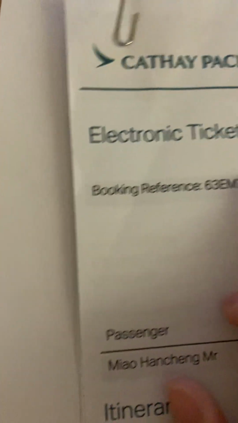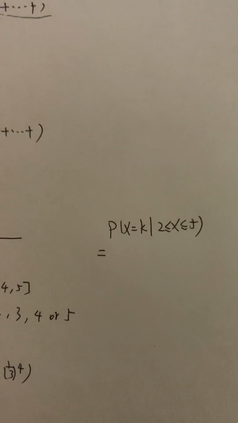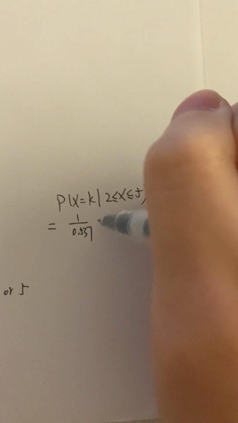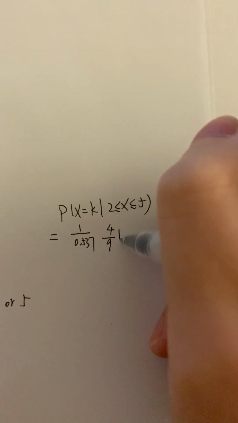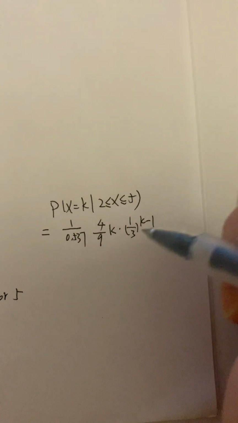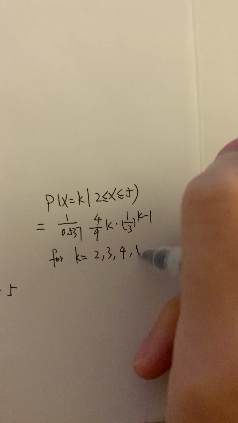And now we can show that the probability that x equals k given 2 is smaller than or equal to x and smaller than or equal to 5 is equal to 1 over 0.537 times 4 over 9 times k times (1 over 3) to the power k minus 1, for k equals 2, 3, 4, or 5.